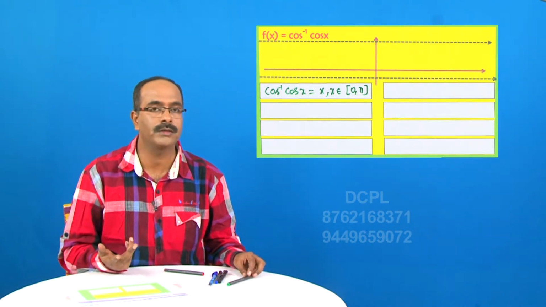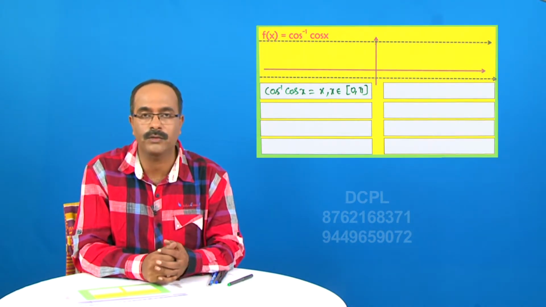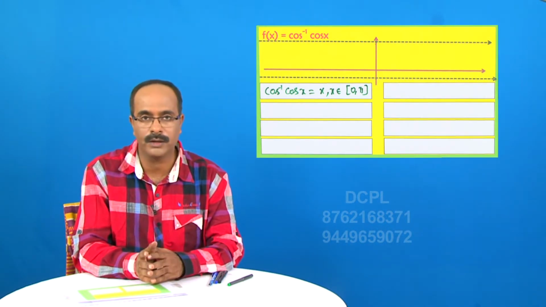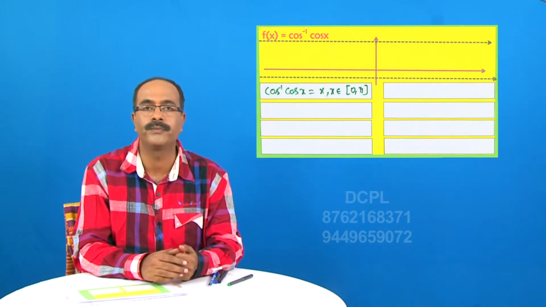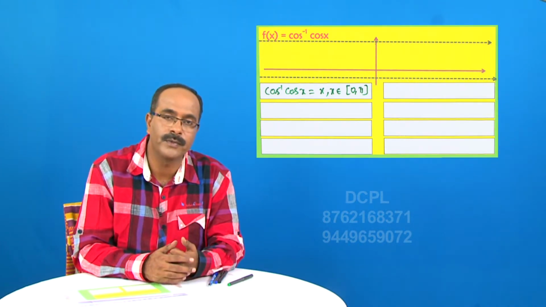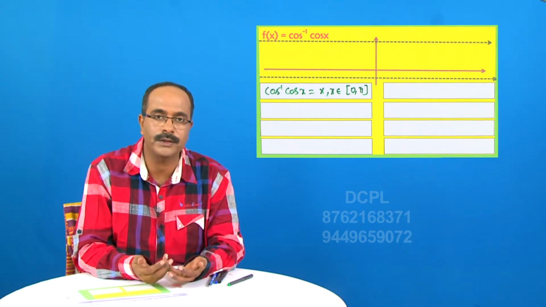Dear students, you know the solution for cos inverse of cos x is equal to alpha. So, therefore, cos x is equal to cos alpha. Therefore, x is equal to 2n pi plus or minus alpha. Using this rule for the various values of n, we can get the solution.